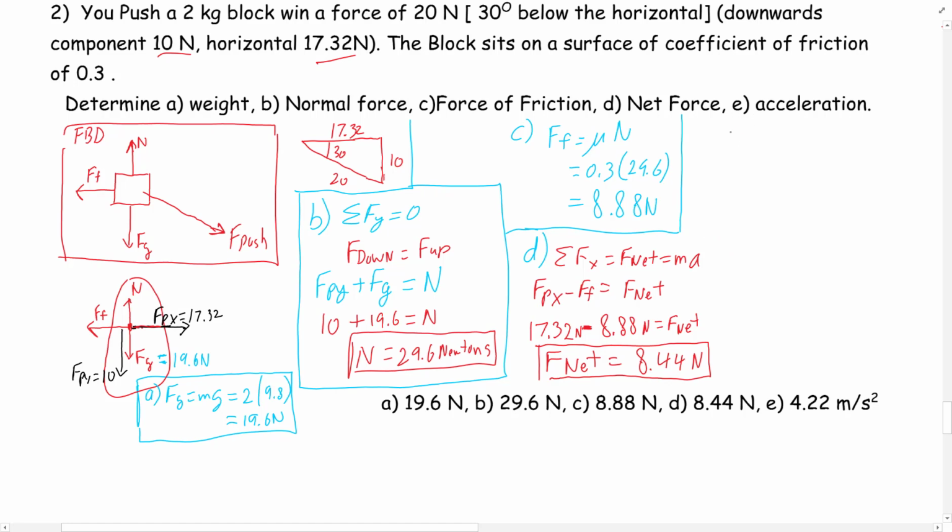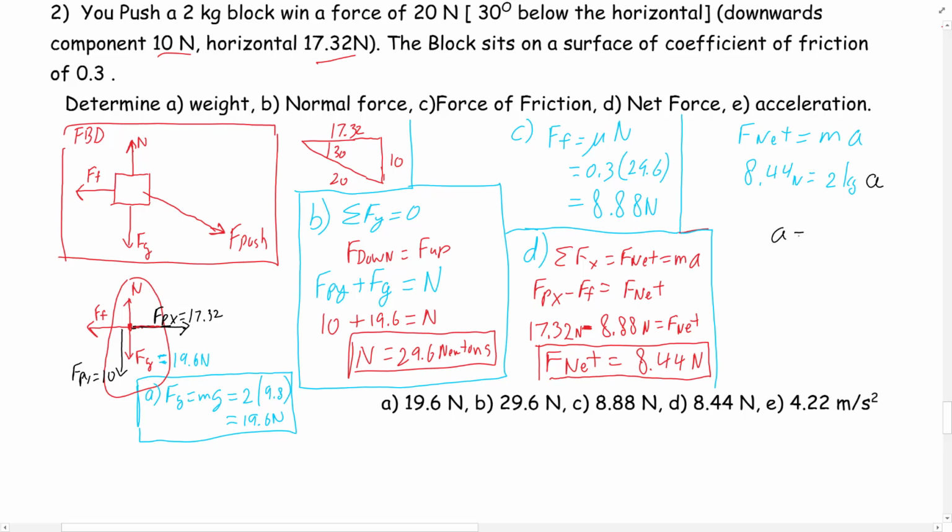Let's block that off. And now we'll do the acceleration. F net equals MA, and the net force is 8.44, and the mass is still 2 kilograms, and this is times the acceleration.